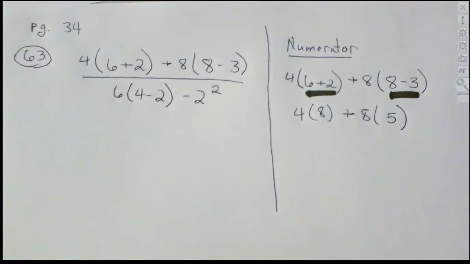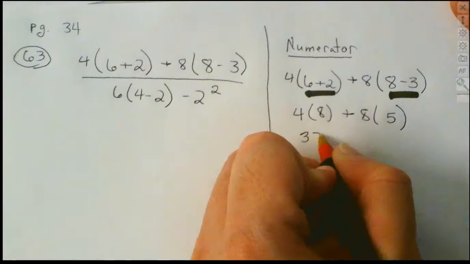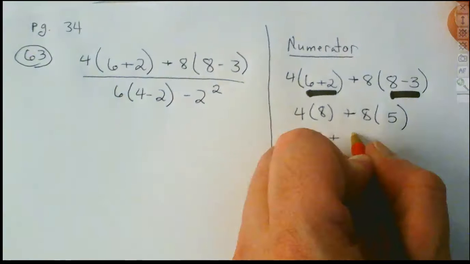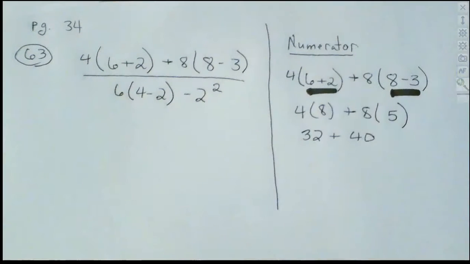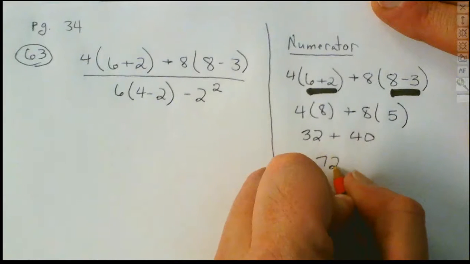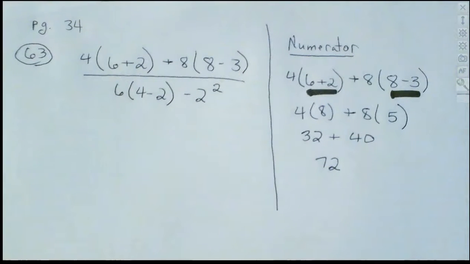Well, our next step is multiply, and we're going to work from left to right. So 4 times 8, that's going to be your 32. And 8 times 5, well, that's going to be your 40. And we can add those together. And our top half, our numerator, is going to come out to be 72.